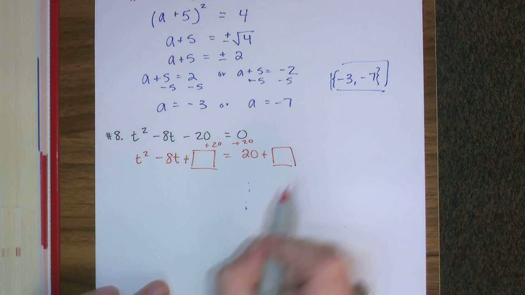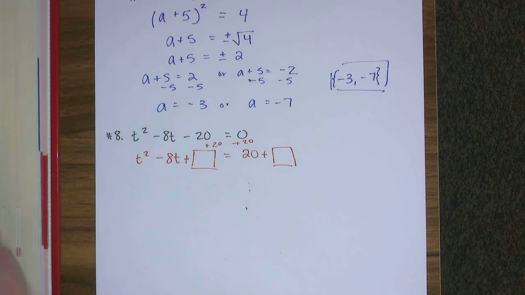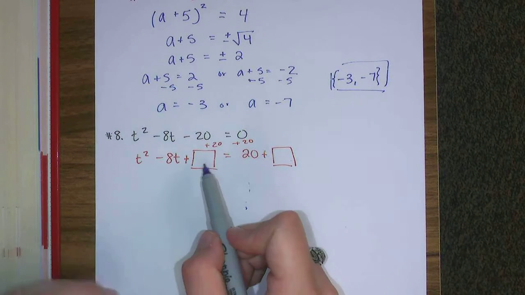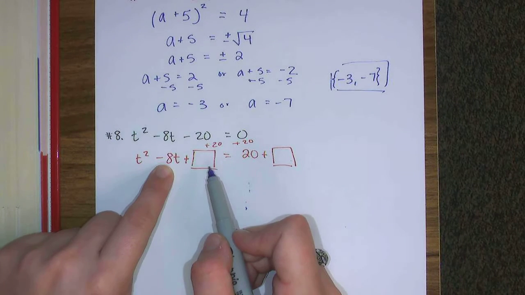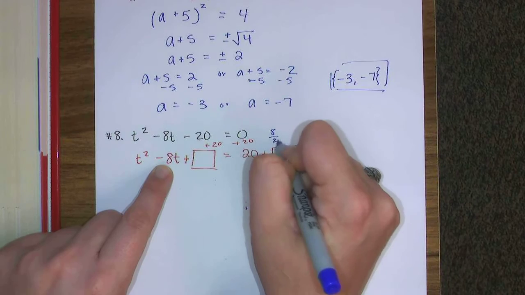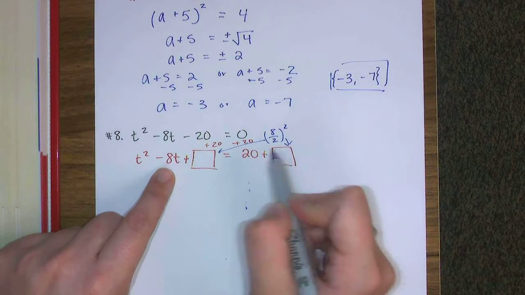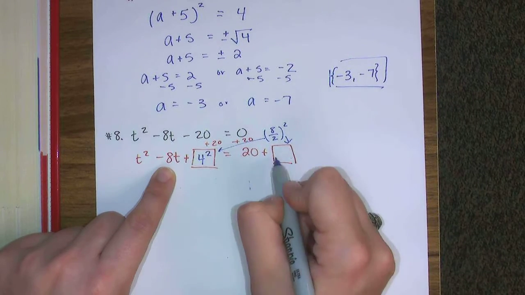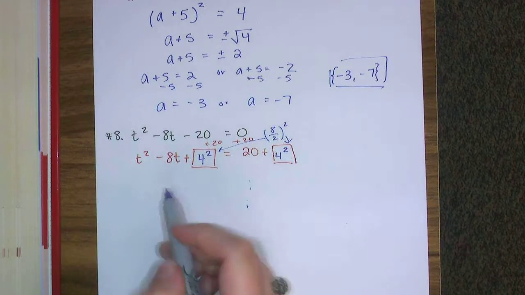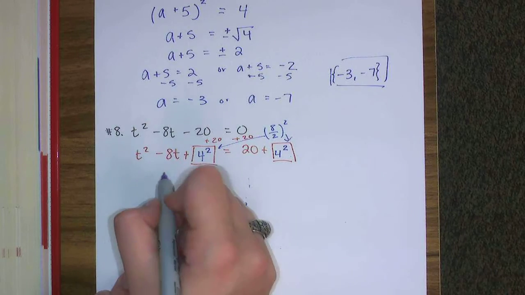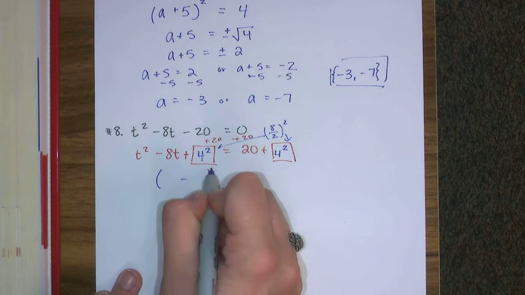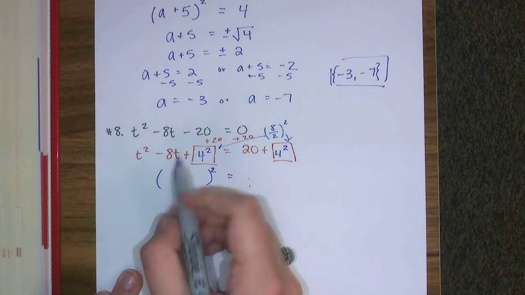So now, what goes in the box? Half of negative 8 squared. Half of 8 is 4, so 4 squared. This is a negative sign, so it's going to be negative in the middle. All that's being squared: t minus 4.